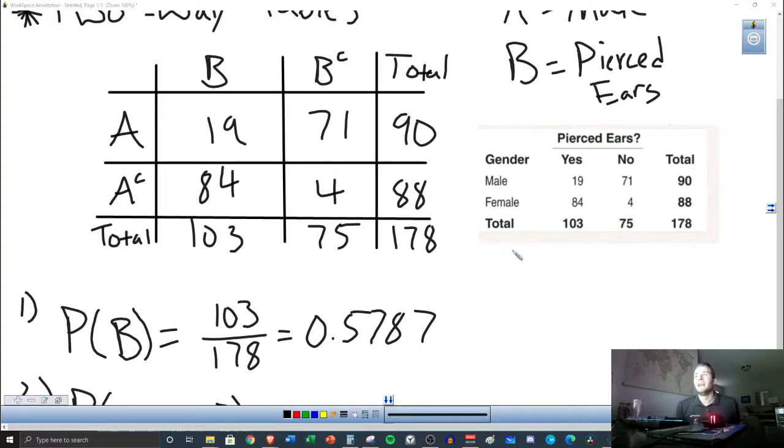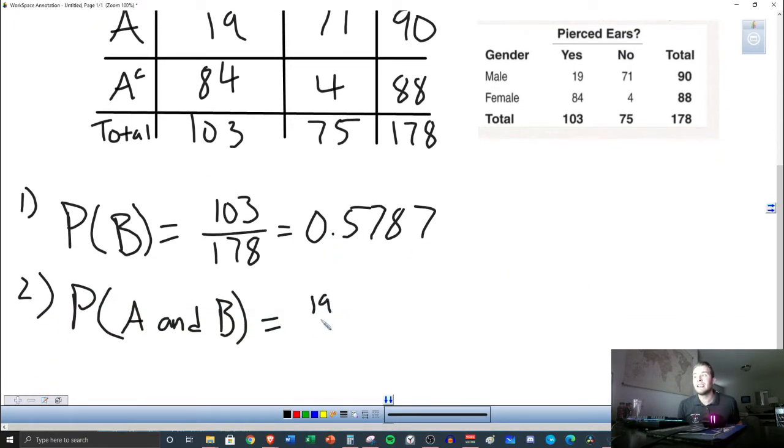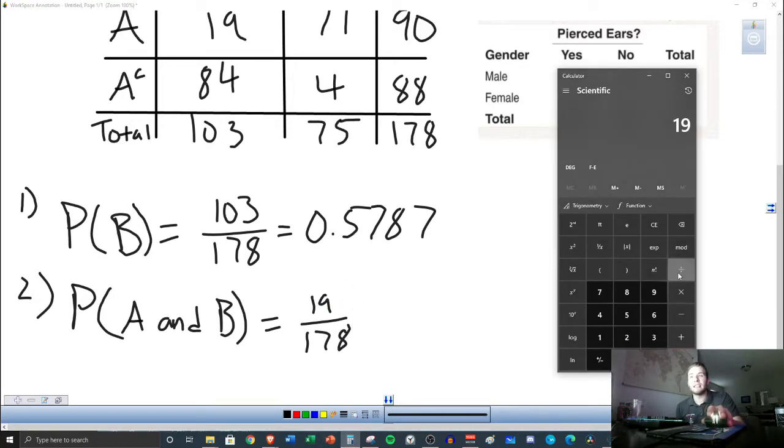All right, so how many people in this distribution? If I randomly pick, what's the probability I get a male who has pierced ears? Both of those requirements have to be met. Well, that's this part right here, where both events occur. So that's 19 out of 178, a lot lower probability of actually getting that. 19 out of 178, so 0.1067 is going to be our answer.